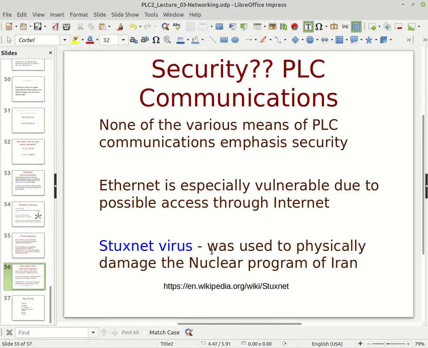In one case of that, it's been quite a few years now, there was the Stuxnet virus, which was used to physically damage the nuclear program in Iran. It was specifically designed to target PLC type devices and confuse them, telling them that things were running well when things were actually getting too hot or something like that, to the point that the equipment got damaged.